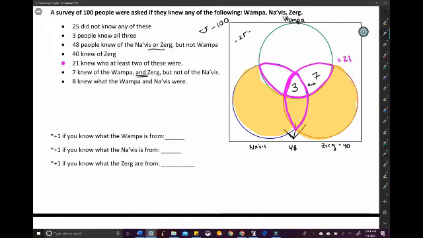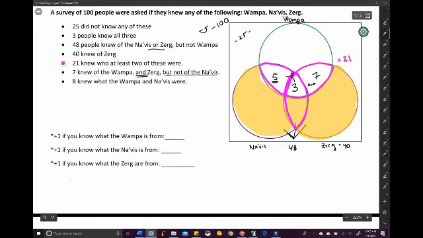And 8 knew what the Wampa and Navis were. Wampa, Navis, 8 must be this whole thing. It doesn't say anything about the Zerg, so we're just going to assume they knew what those were. Well, if this whole thing is 8, that means this part must be 5. So notice here it says, but not the Navis.